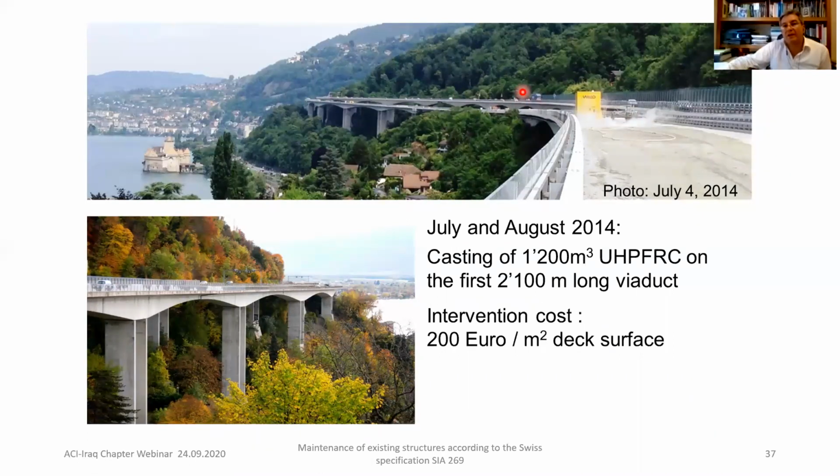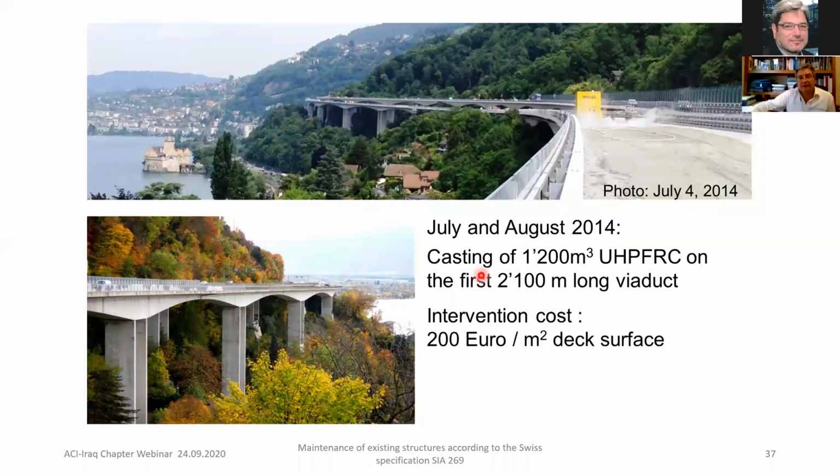So all the vehicles in the two-way traffic run on this part, and here they removed the concrete cover, and reached the original reinforcement, and then they added the new layer, in French we call it béton. The total length of the reinforcement was 2,100 meters, and it cost €2 per square meter.